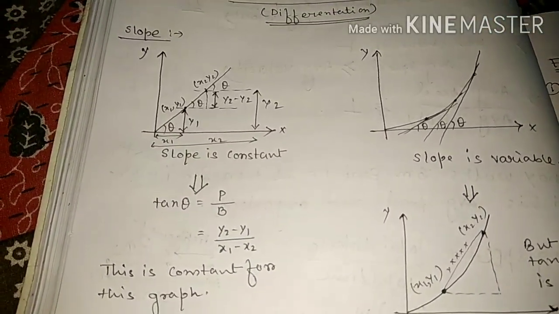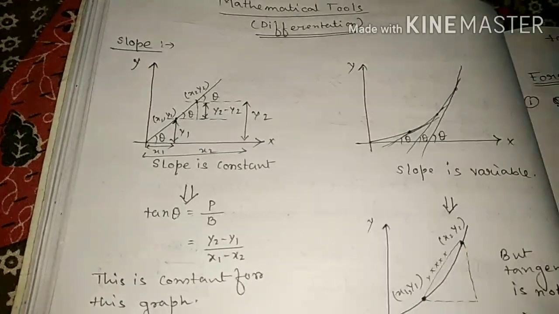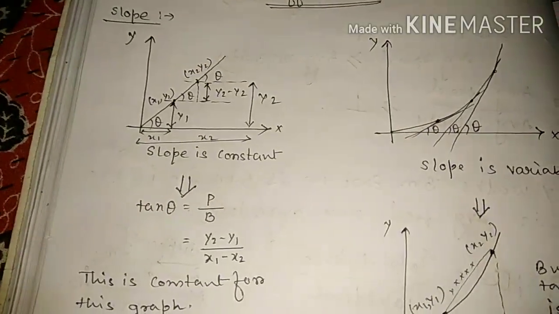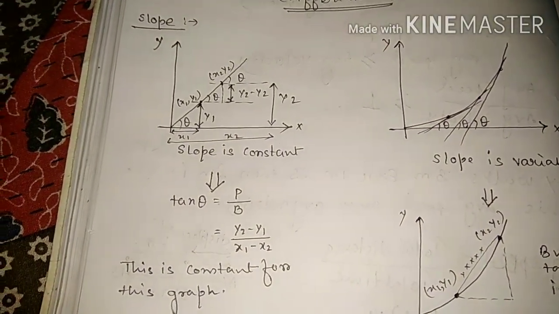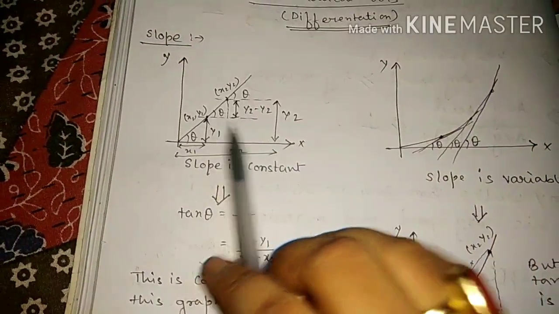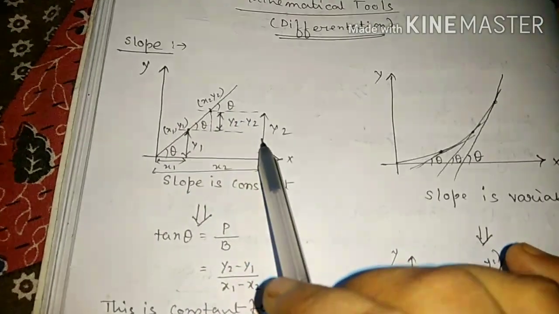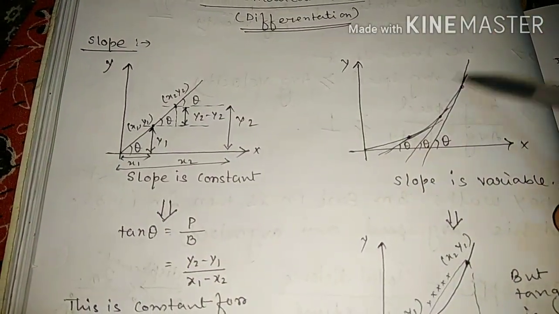So first of all, in this class we study the slope. Maximum students know this, as you studied it in class 9 and 10. Slope means tan theta. Here we draw two graphs, y versus x coordinate. One is a straight line graph, another one is not a straight line.